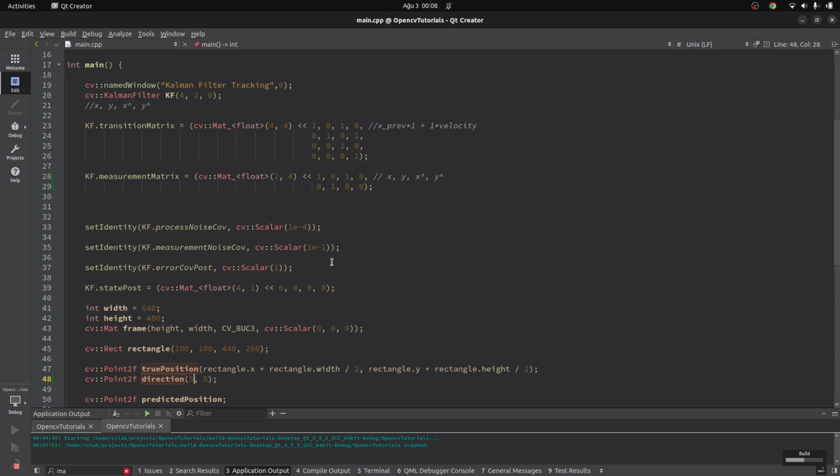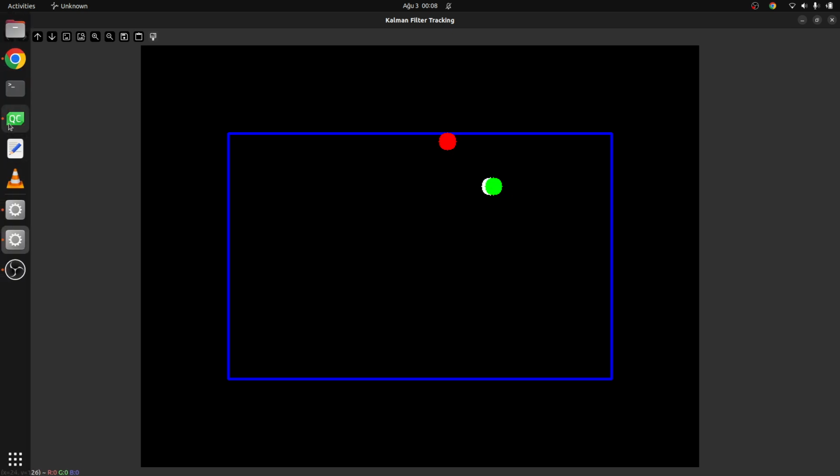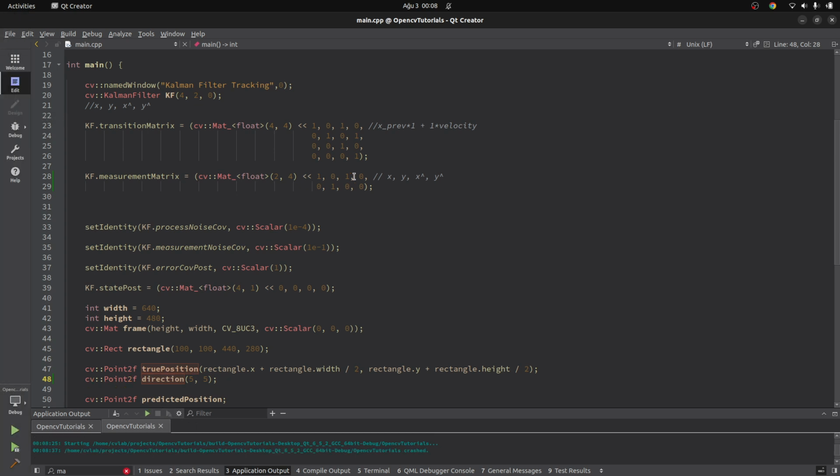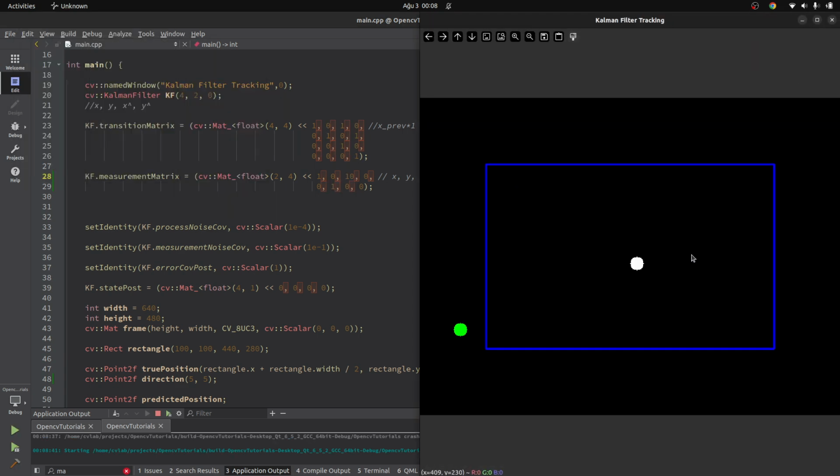So if we see here, there is always an offset of 5 pixels. If you increase it a little more, let's say 10, the offset is going to change, because this is not directly 10, but 10 times the velocity, because our velocity is 5.